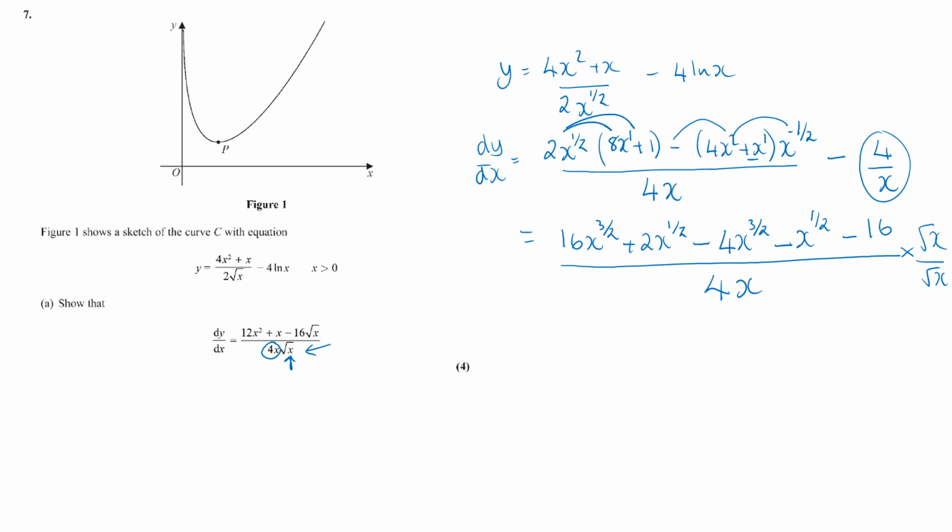And then I'm going to multiply all of this top by root x and start writing it in root form so I can try and get my answer. So 16x to the 3 over 2 times x to the half, and the 3 over 2 will give me 16x squared, plus the 2x to the half times the root x will be 2x, and then I've got the minus 4x to the 3 over 2 plus x to the half times x to the half.